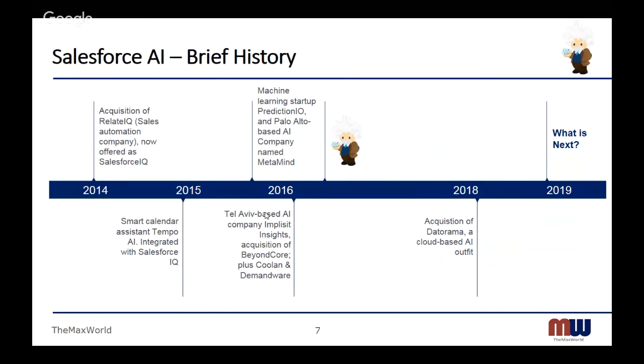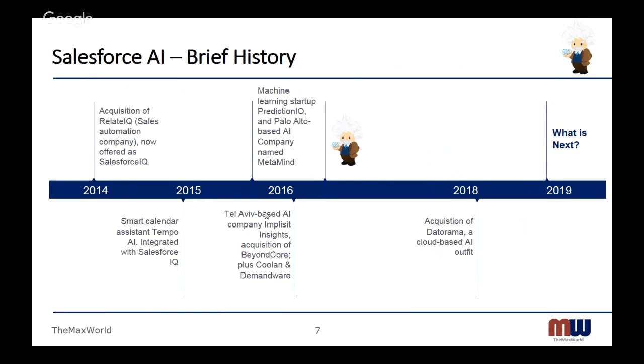But in 2014, with the acquisition of RelateIQ, they made a giant step in this area. Initially, it was all about the Salesforce IQ product, but that was the beginning, or you can call it a milestone. In 2015, they made more acquisitions, such as the smart calendar assistant Tempo AI, which is also offered through the Salesforce IQ product.